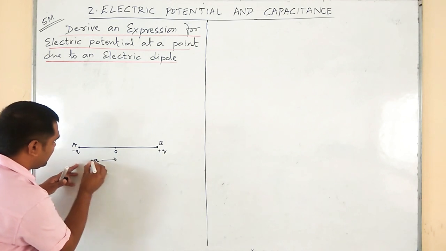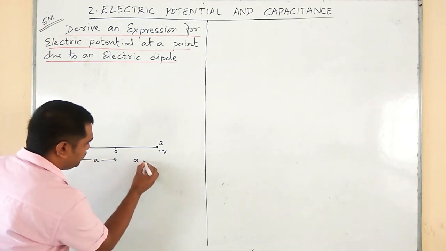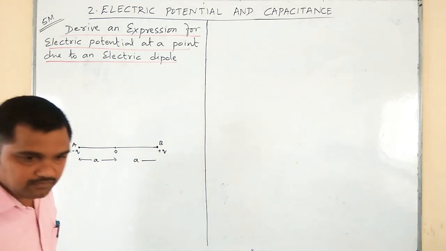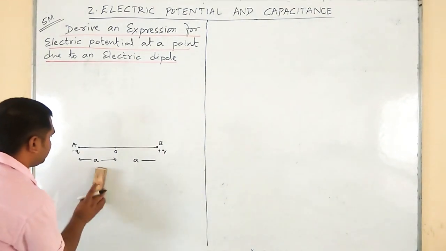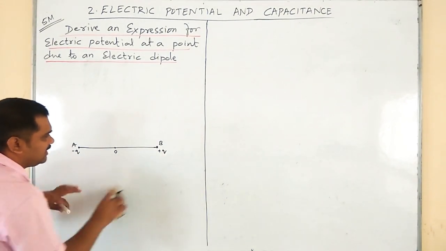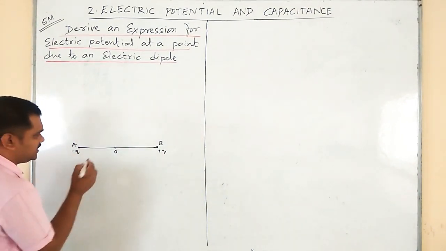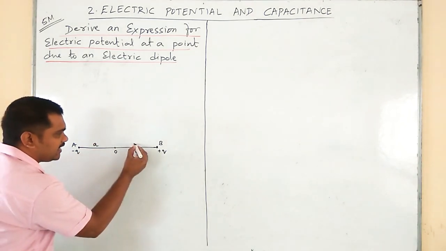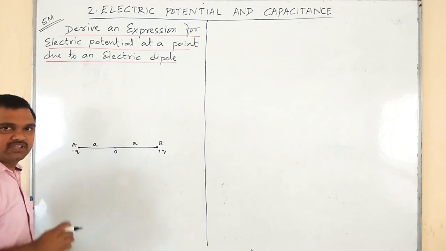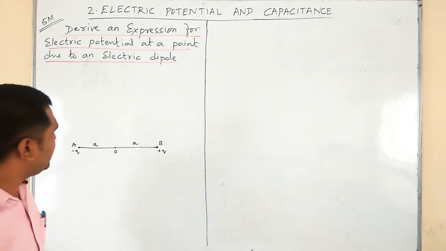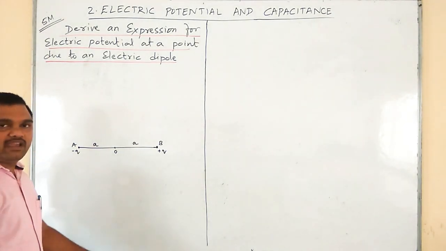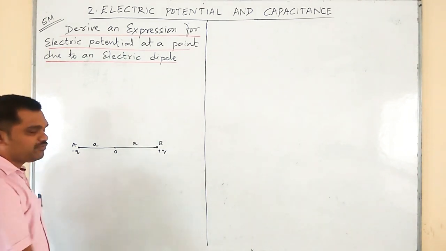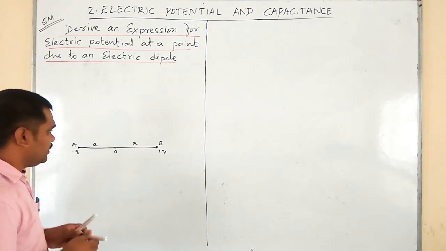Let small a be the distance between the center and any one of the charges. If it is a here, then it is also a there, isn't it? Therefore, two equal and opposite charges separated by a small distance is said to form an electric dipole.